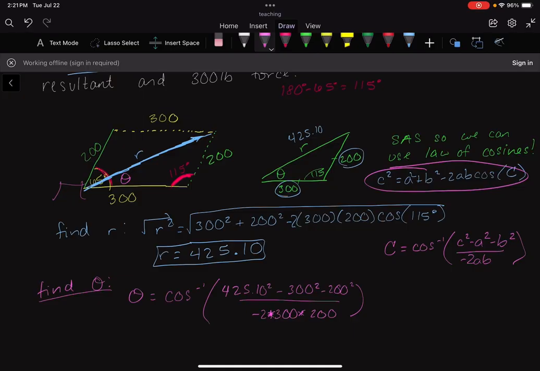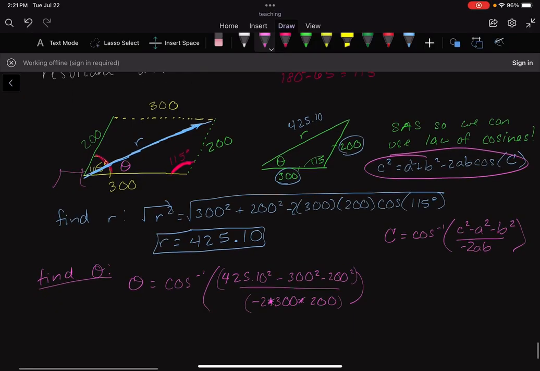Also, be careful when you type this in. I usually like to put an extra parentheses for just the numerator and an extra one for just the denominator. You should get that theta is roughly, in my notes it says 25.2, but I'm going to still plug it in just to be sure.